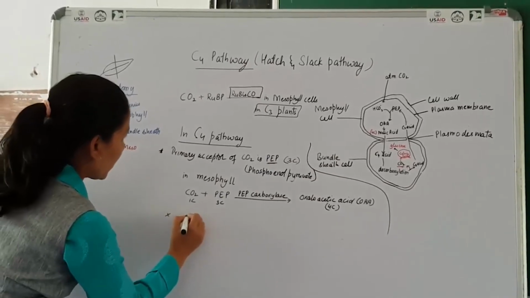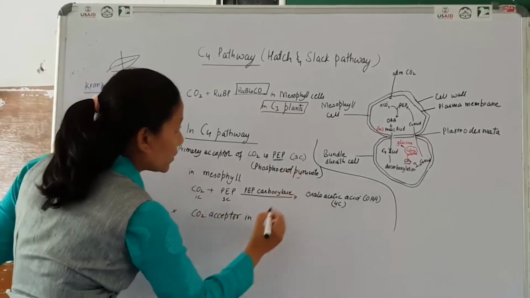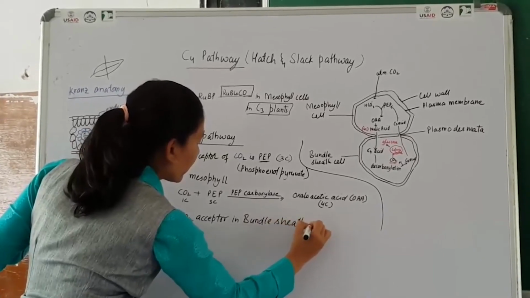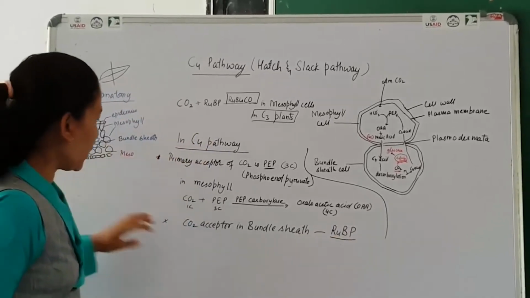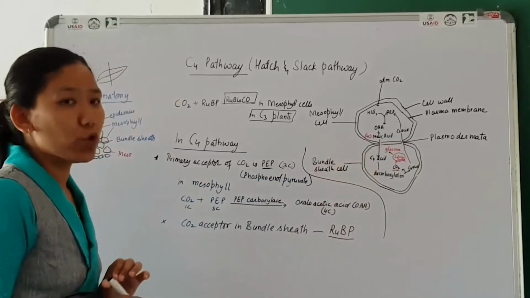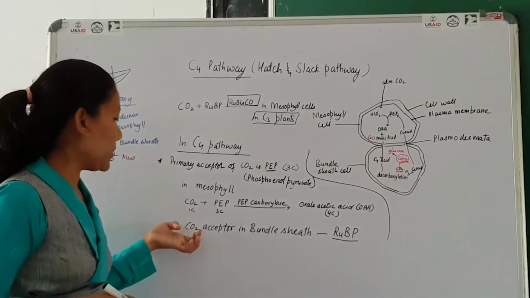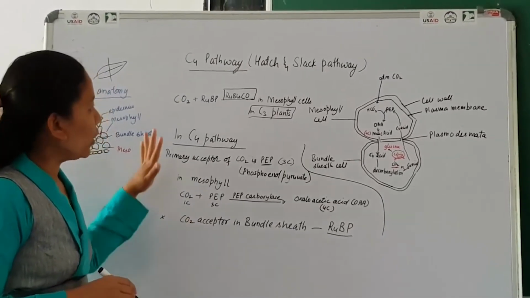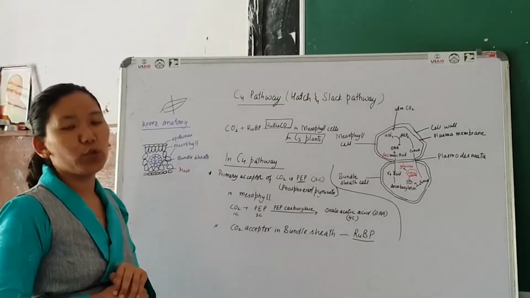Another carbon dioxide acceptor in the bundle sheath is RuBP. Okay, so because of this, the RuBP and the rubisco are not exposed to a higher percentage of oxygen, rather they are exposed to a higher percentage of carbon dioxide. That is why they avoid photorespiration. So just by looking at this, you can see the advantage of the C4 pathway as compared to the C3 pathway.